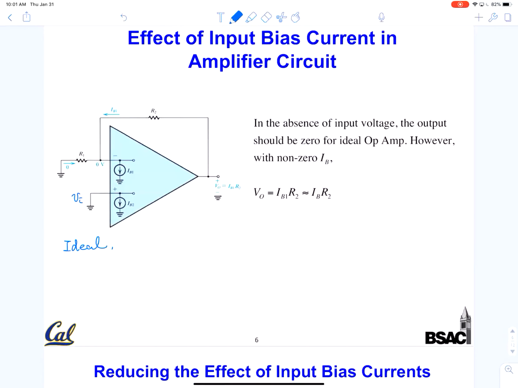When VI is 0, we expect VO to be 0, right? Now, if we have the same 0 input, but we include this IB1 and IB2, what happens? IB1 and IB2 are now different.